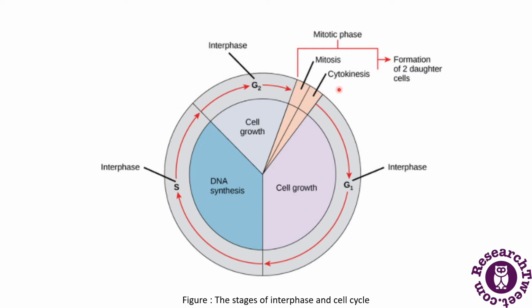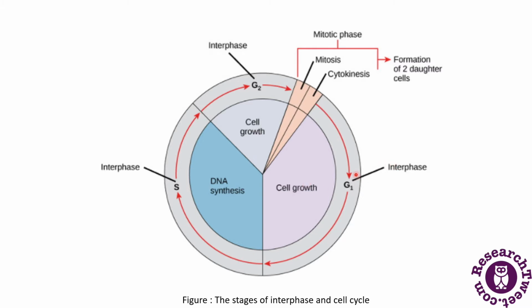So here the division of the cytoplasm is taking place. So the formation of two daughter nuclei, the whole of this combines to form the two daughter nuclei. So this phase is called the mitotic phase. So our main focus is not on this. In this presentation we will be focusing more on the interphase.